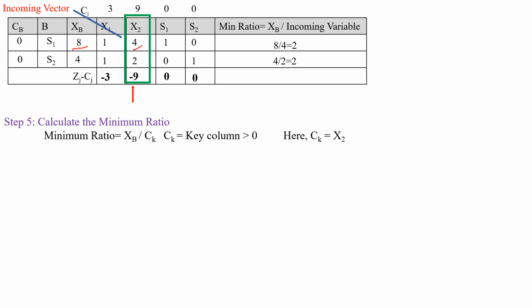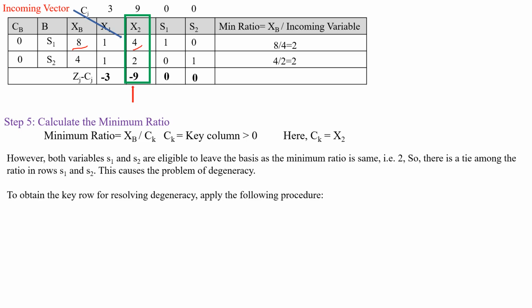Here the xb value is 4 and the coefficient of the incoming variable is 2. Now the minimum ratio will become 2. So observe that both variables s1 and s2 have the same minimum ratio, that is 2, and both variables s1 and s2 are eligible to leave the basis.